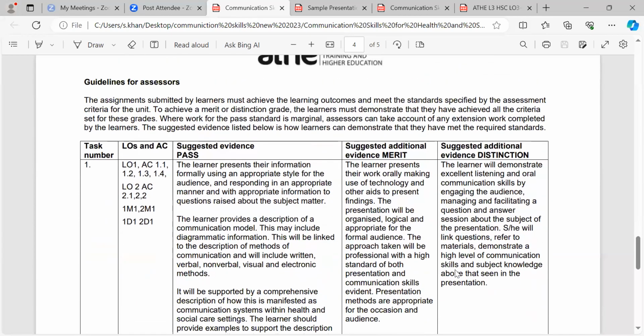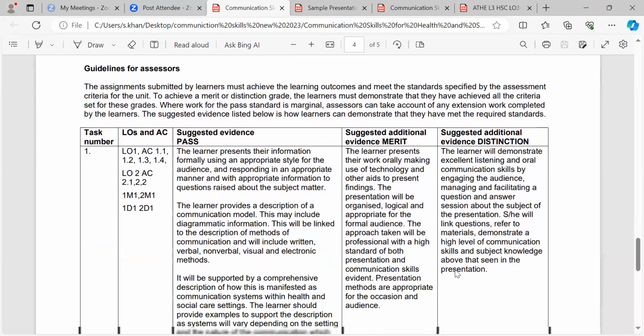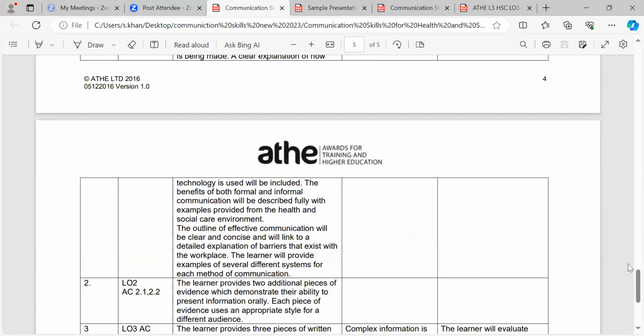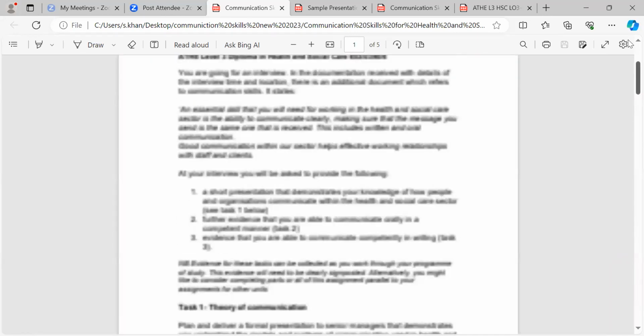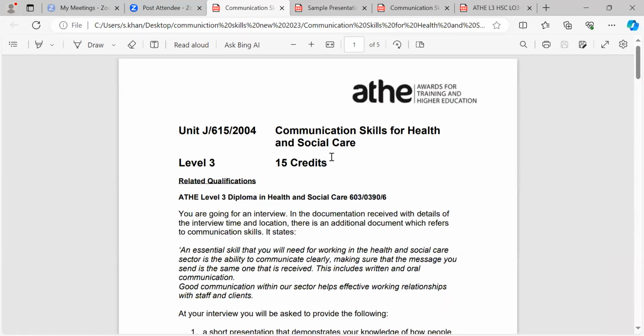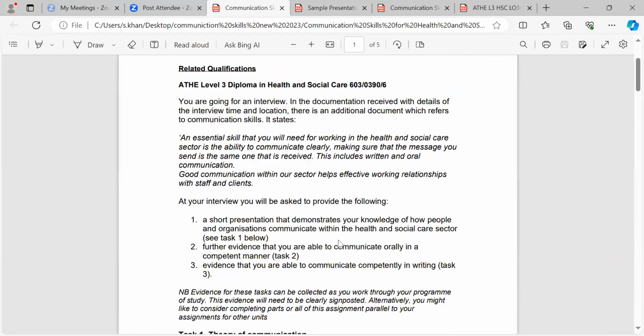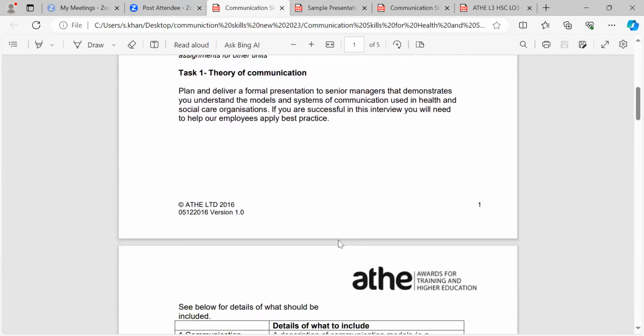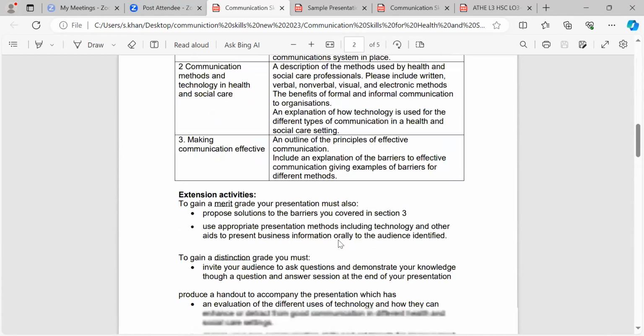And this is the criteria, the guidelines for the assessor that they must follow, okay? I just want to go back to showing you a couple of the examples. So have you got any questions on the assignment? So you've got 3 tasks, Jewel. Each task you need to do individually, and then you need to identify that you've done each of the learning outcomes, okay?